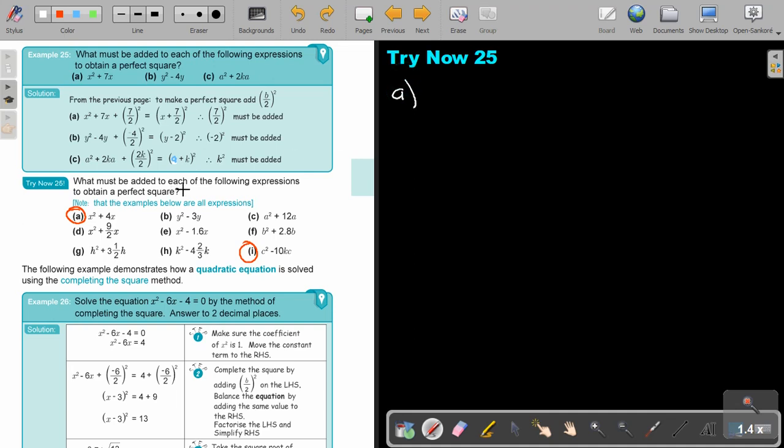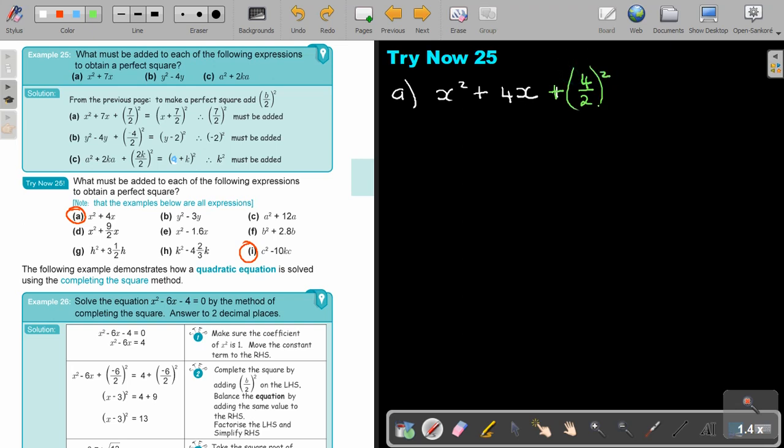what must be added to each of the following to obtain a perfect square? So this was x squared plus 4x. So in this case, I'm going to take the middle value. I want to take another color. I take the middle value, I divide it by 2, and I square the result.